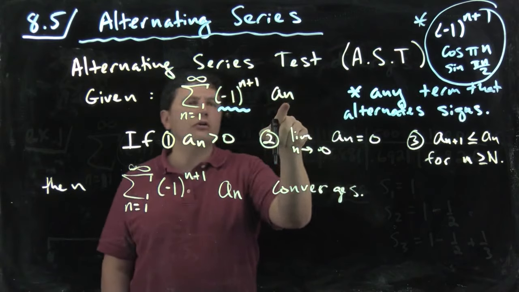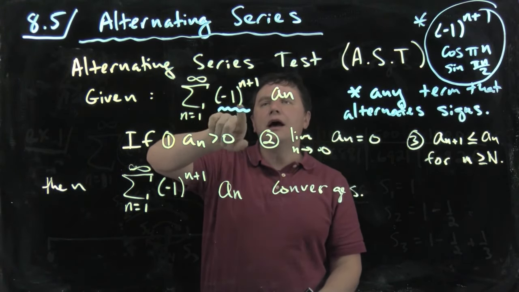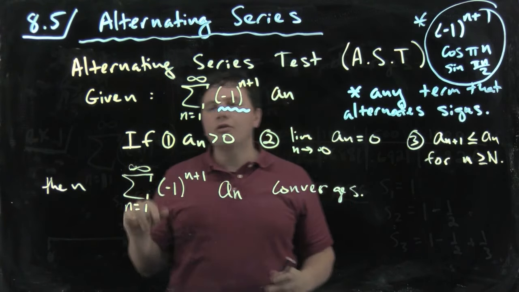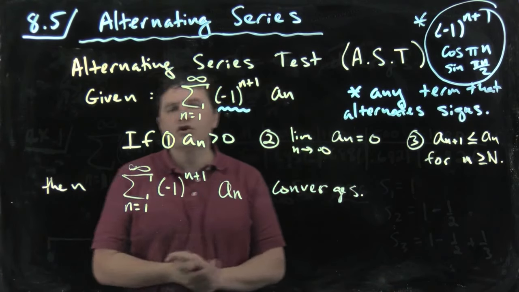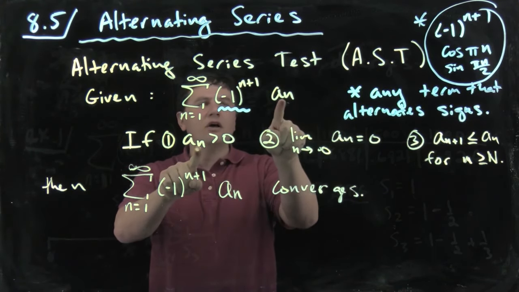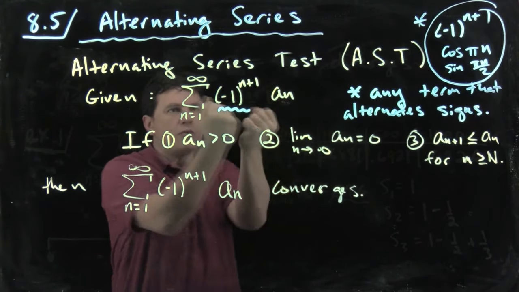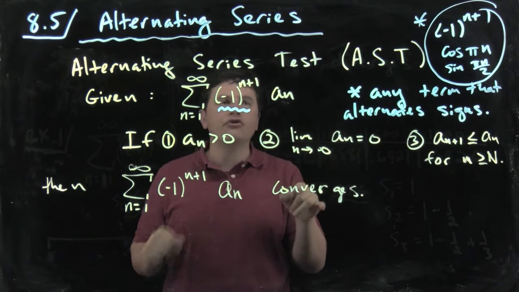And then some other terms. Basically the way we do the alternating series test is we isolate the A sub n. Basically 3 conditions have to be met for this to be convergent. The first is, A sub n always has to be positive. If there's something that's not positive there, we want to bring it into the alternator to ensure that it's still alternating.